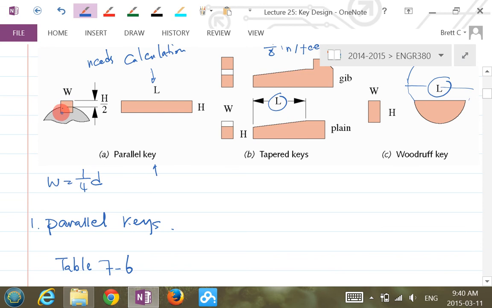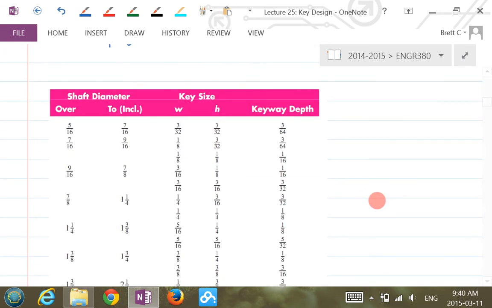As you can see, it's basically half of this H here. So this is essentially just 1/2 H. So for the square key, half of it sits in the key seat, and the other half is in the key way of the hub.